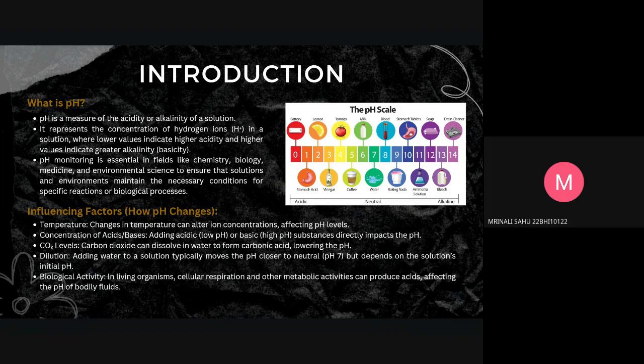Carbon dioxide can dissolve in water to form carbonic acid, lowering pH. Dilution: adding water to a solution typically moves the pH closer to neutral, but it depends on the solution's initial pH. Biological activity in living organisms, cellular respiration, and other metabolic activities can produce acid, affecting the pH of bodily fluids.